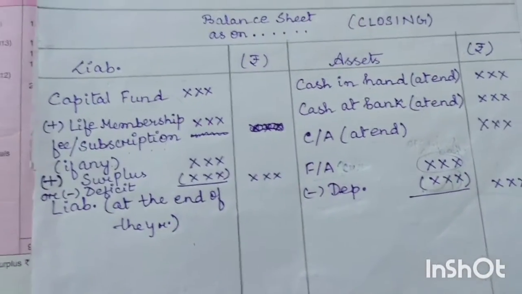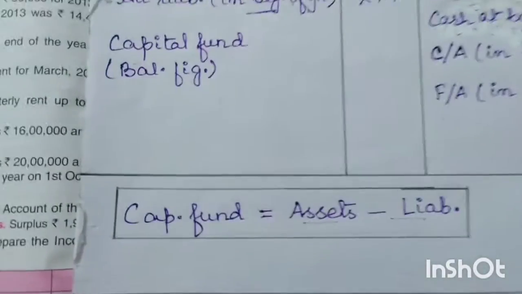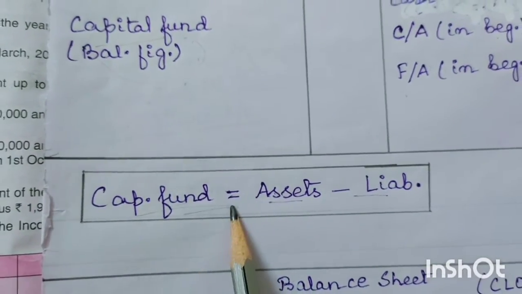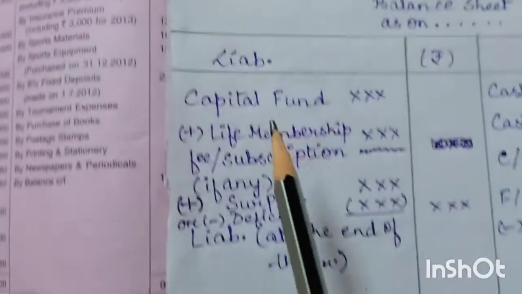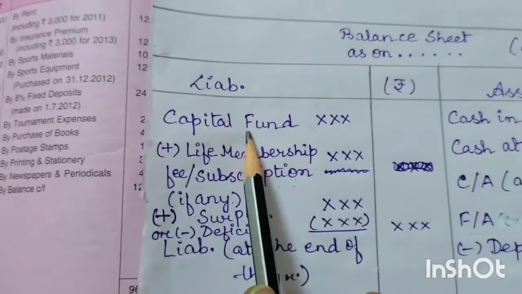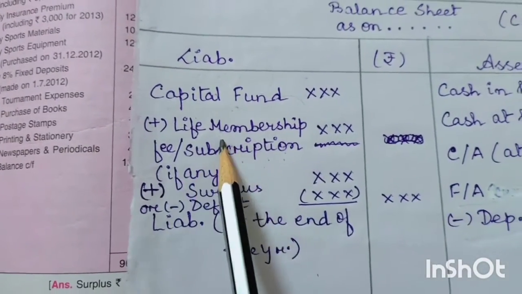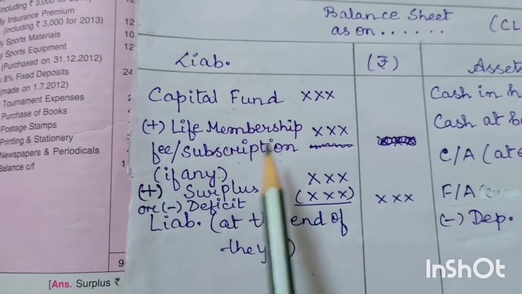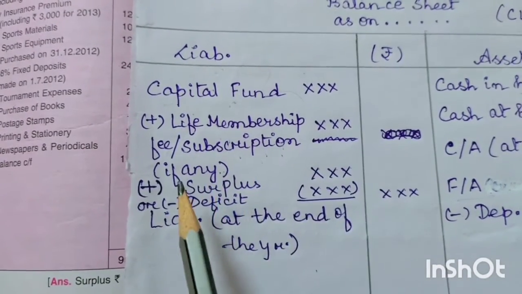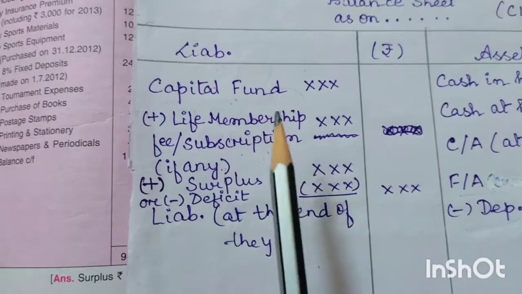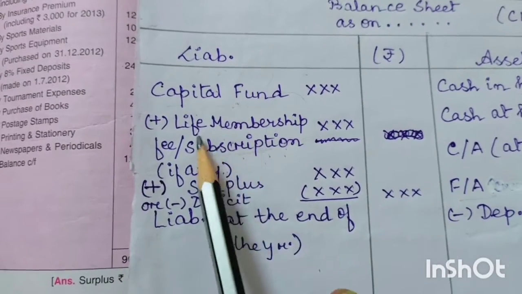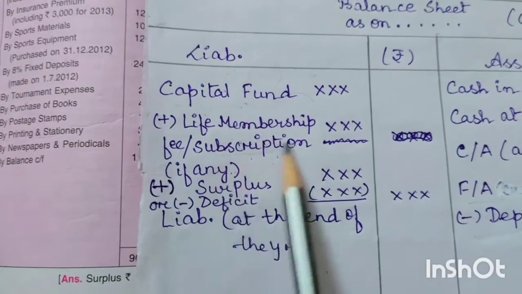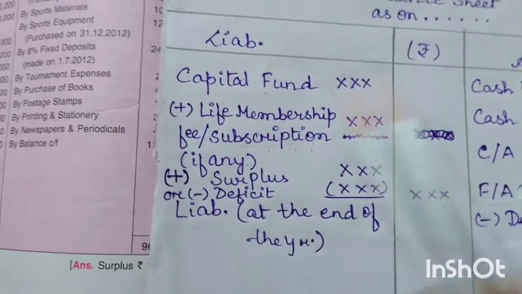Okay. Now come to liability side. The capital fund which you have calculated from opening balance sheet, that one will come in the closing balance sheet. Along with that, you have to add life membership fee or subscription. Don't forget, it's not only subscription, this is life membership fee or life membership subscription, if any is there.